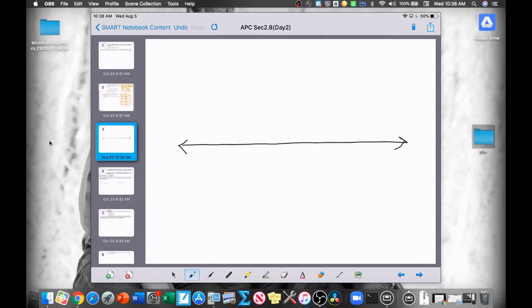I'm going to do a break in my graph on my y-axis because all of my y values for the function in the table range between like 25 and 35. So I'm going to put a little break here on my y-axis, and I'm just going to start counting with 25.